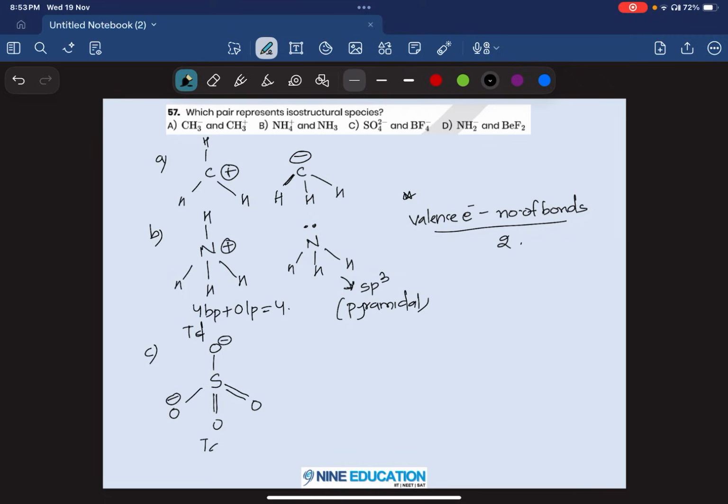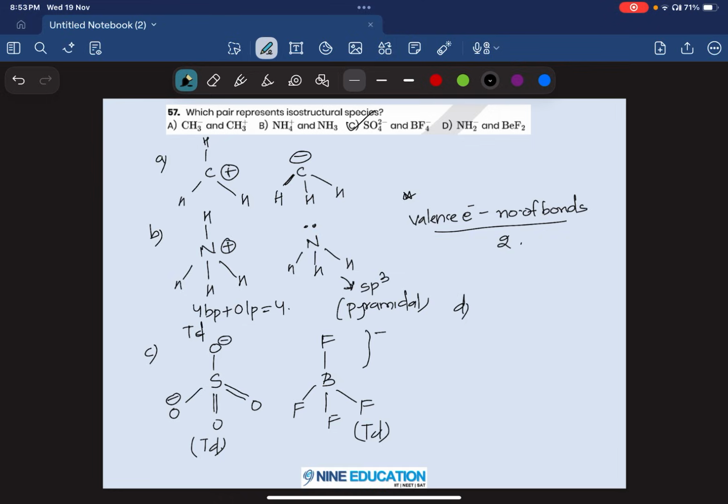It is a tetrahedral structure because two pi bonds are not counted in hybridization. Whereas BF4 minus is also tetrahedral in nature. Overall charge, it would have minus. The option is SO4 minus 2 and BF4 minus.